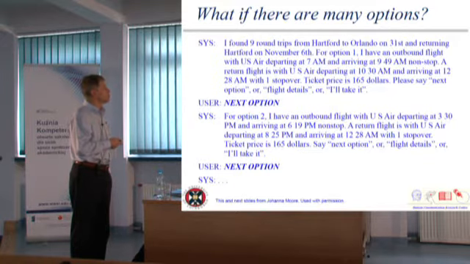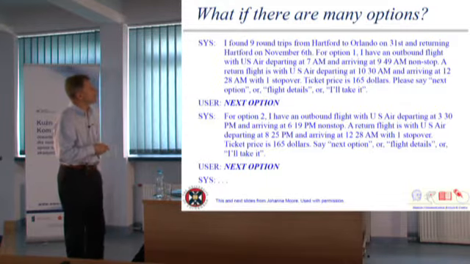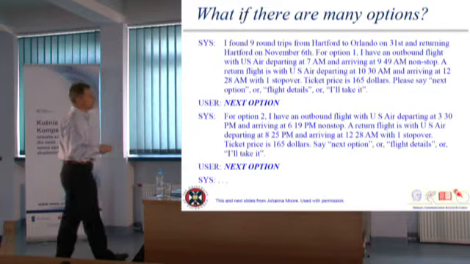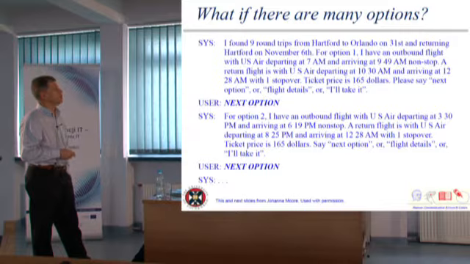Here we have a situation where somebody is trying to book a trip, and the system says, "I found 9 round trips from Hartford to Orlando," then provides some additional information, and ends with, "please say next option, flight details, or I'll take it." So here's the first option.